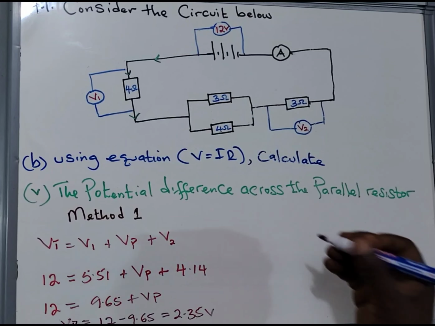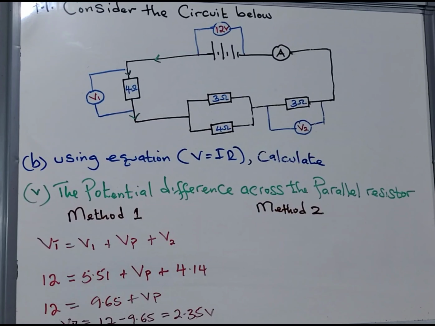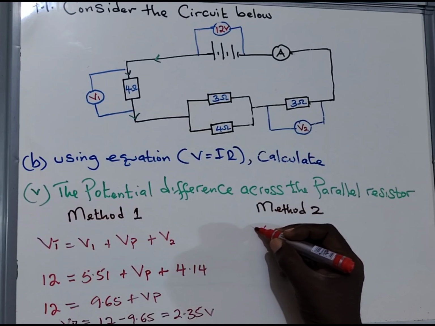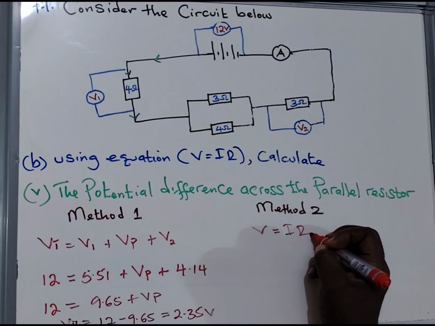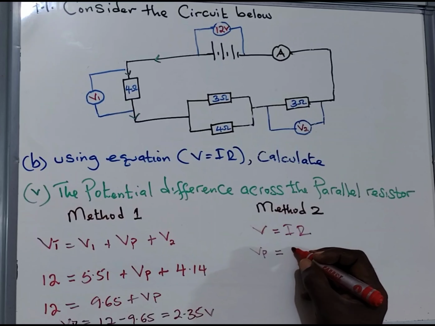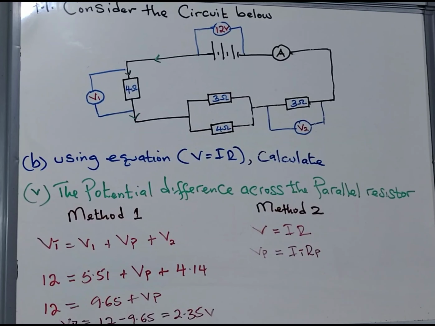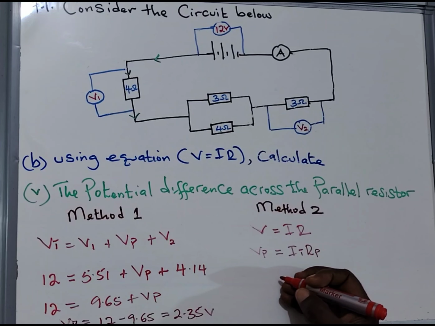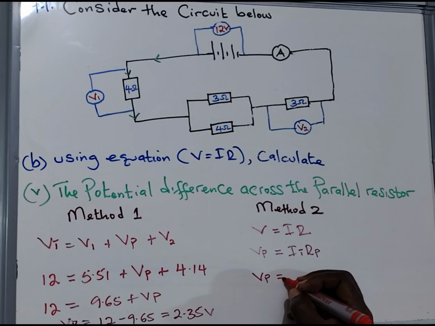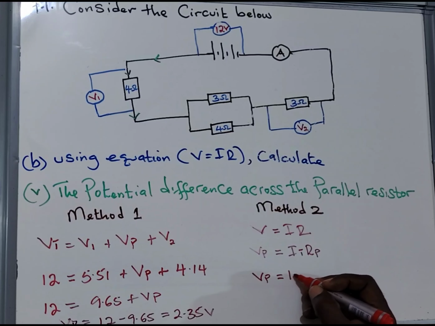So then we go to method two. In method two, we are going to use the equation which says that V is equal to IR, but we are calculating VP, so VP is equal to I total R P. So when you come to substitute here, we are going to get VP, giving IT, we know it, the total current which is flowing through the circuit, and it is 1.38.